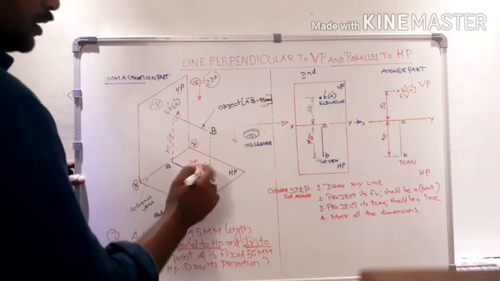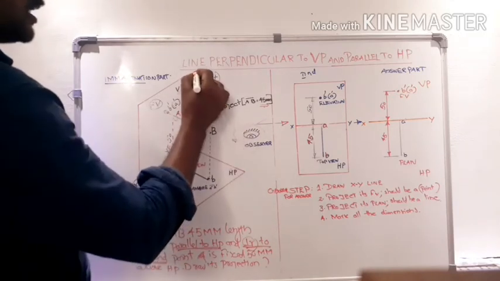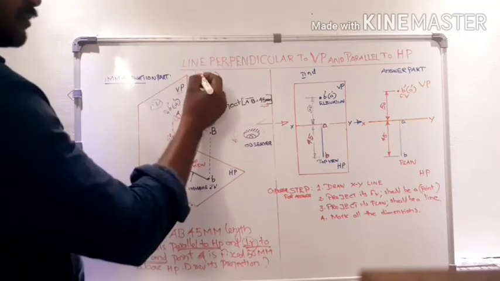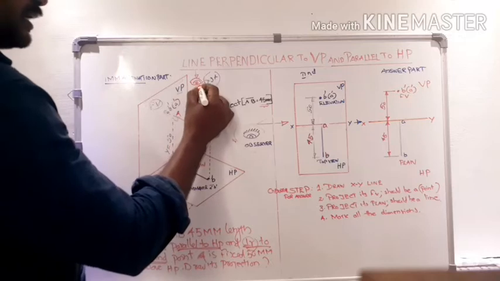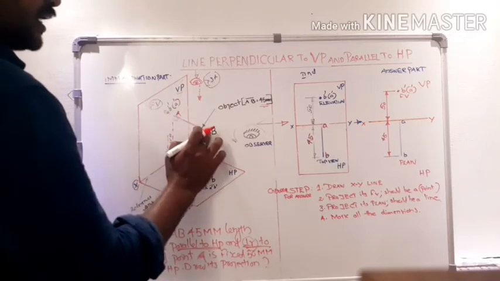Now draw its plan. For that, the observer comes to the upper side of the quadrant. From that direction he can directly see the length of line AB.